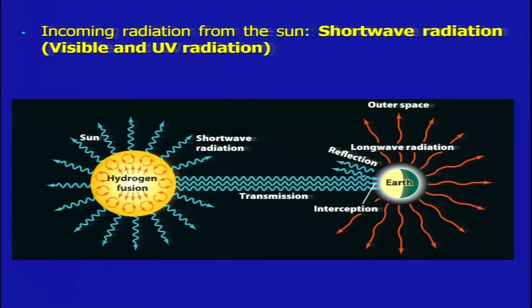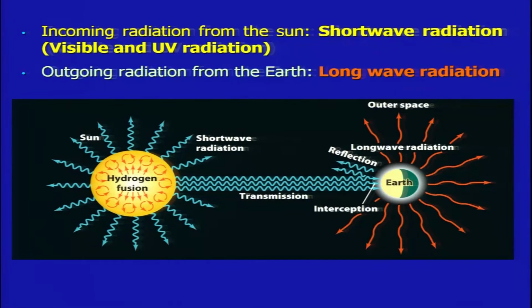So, incoming radiation from the sun is short wave radiation, visible and ultraviolet, and outgoing radiation from the earth is in the form of long wave radiation.